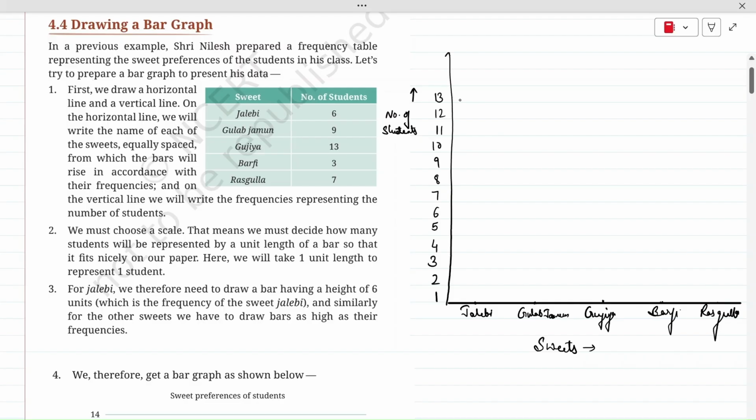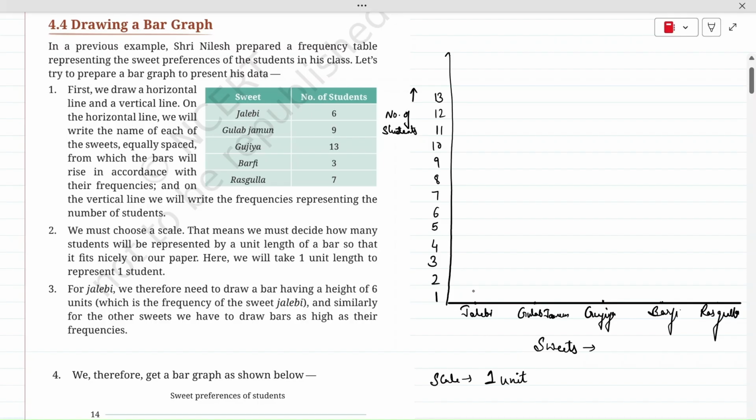The distance between every number should be equal, and the scale I have taken here is 1 unit. That is, the difference between these two numbers is 1 unit.